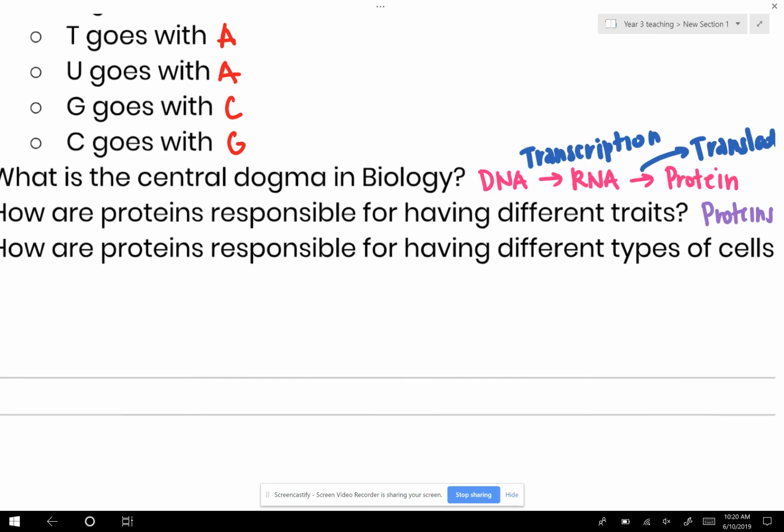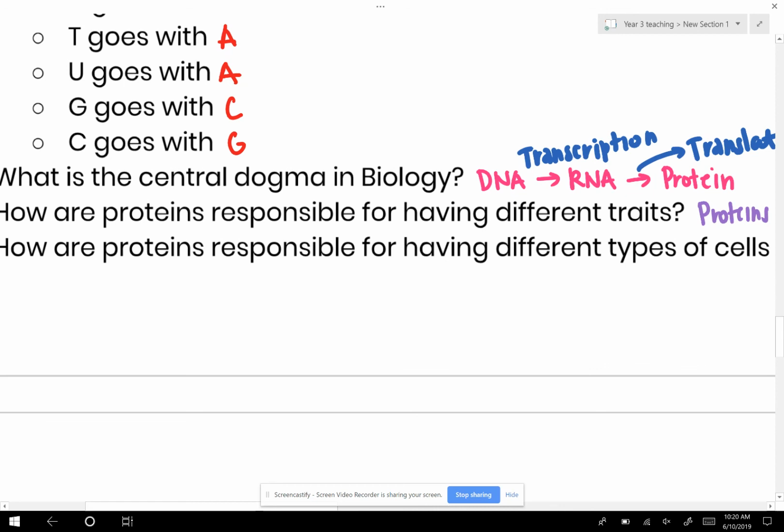Okay, so how are proteins responsible for different types of cells? What happens is that all cells have the same DNA. So what will happen is that we are expressing different portions of the DNA, right?